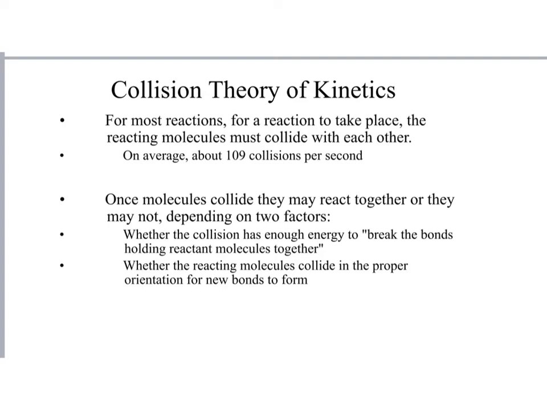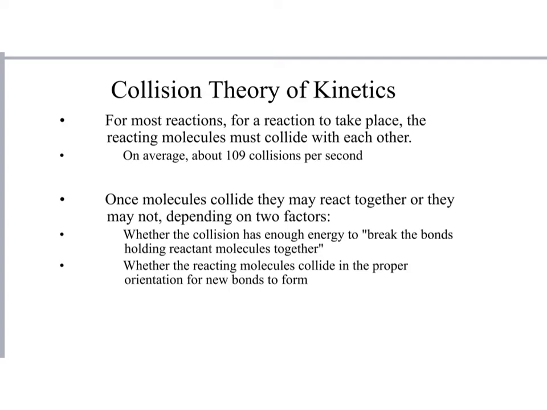Okay, so let's talk about collision theory in terms of kinetics. For reactions to take place, there has to be the appropriate collision, right? And on average, in most reactions, you've got 10^9 collisions per second. But think about this. In that collision, what happens?